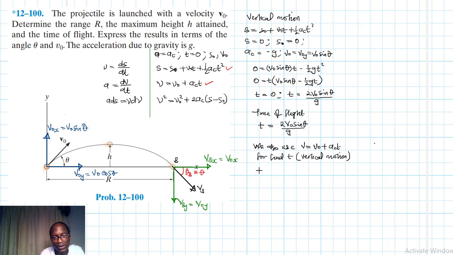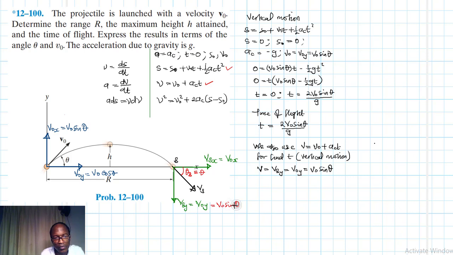Here we know that our final v is equal to v_By, which is equal to minus v_Oy, and we say this is equal to minus v naught sine theta, because they are at the same level, so we expect the same.